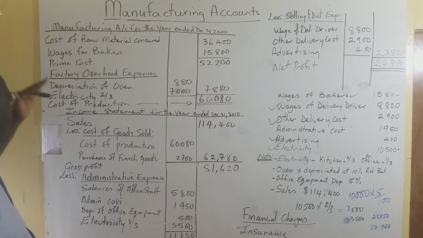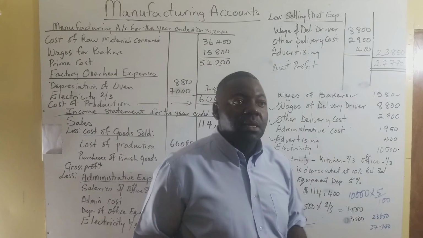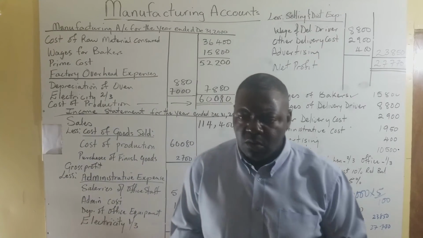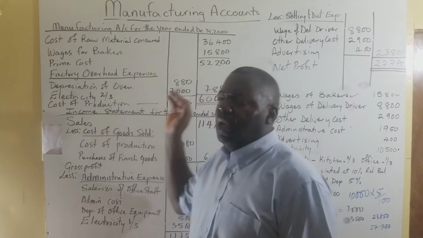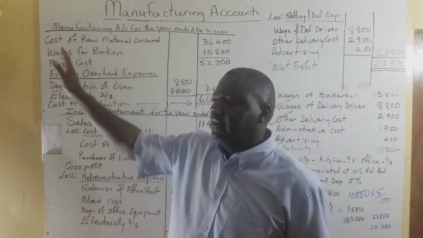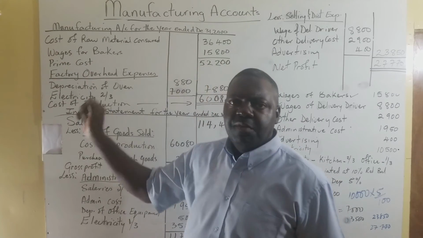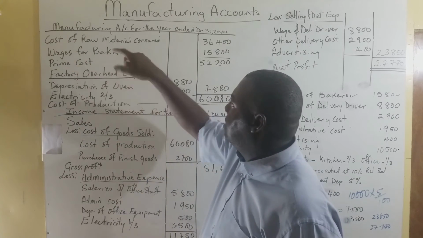In the manufacturing account, there are three elements that you're using. Once you're proceeding to do the manufacturing account, everything that is raw will be recorded first. So you do the adjustment to find the cost of raw materials consumed first.